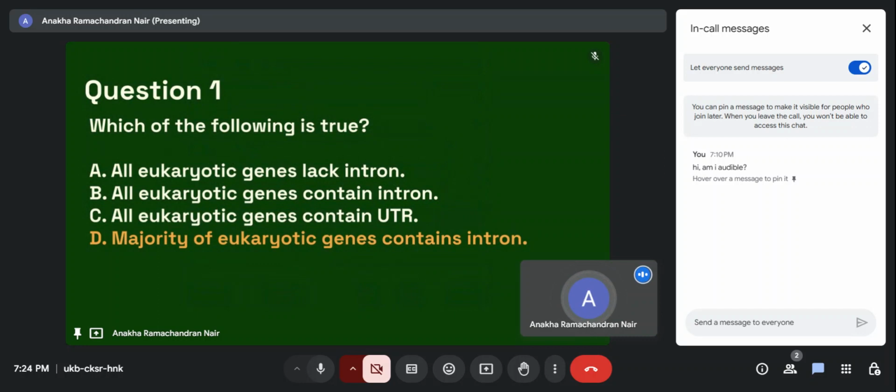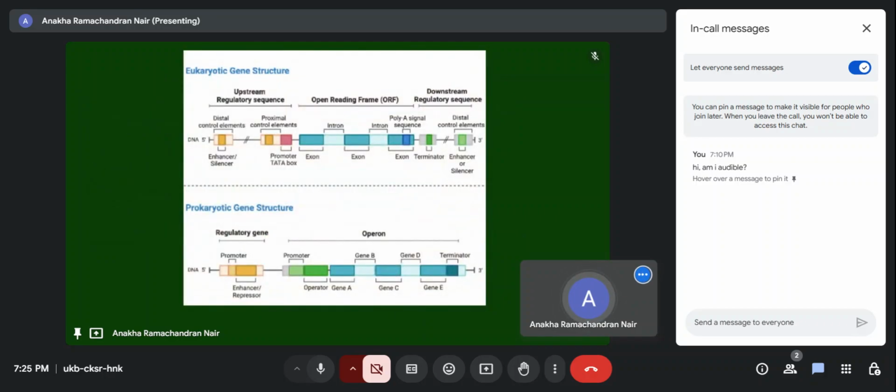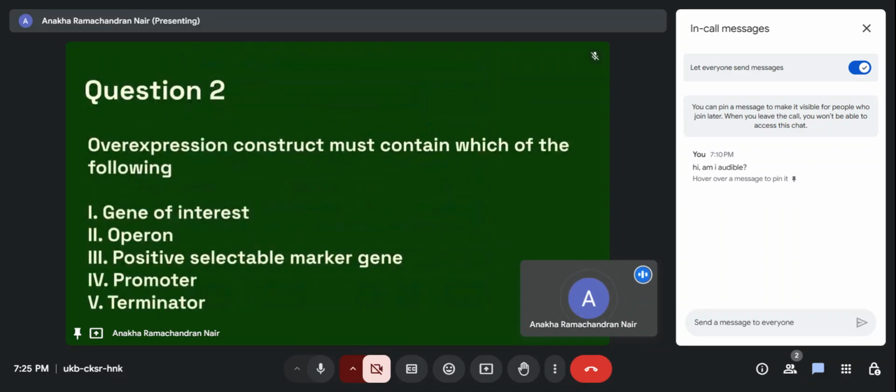Because there are certain genes like the ACT1 gene in yeast, which does not have any introns in it. Introns are the name given to non-coding sequences that are found within genes in eukaryotic cells. In prokaryotic cells, they don't have introns. Okay, so let's move on to the next question.